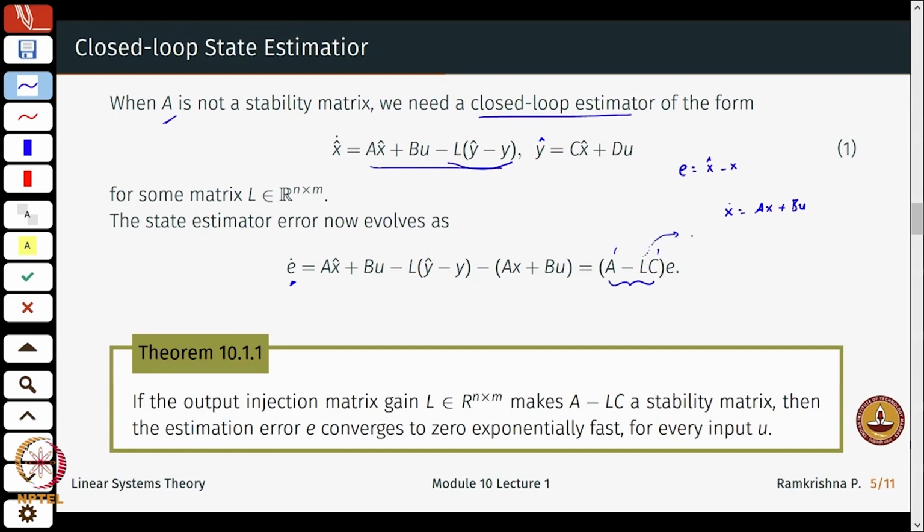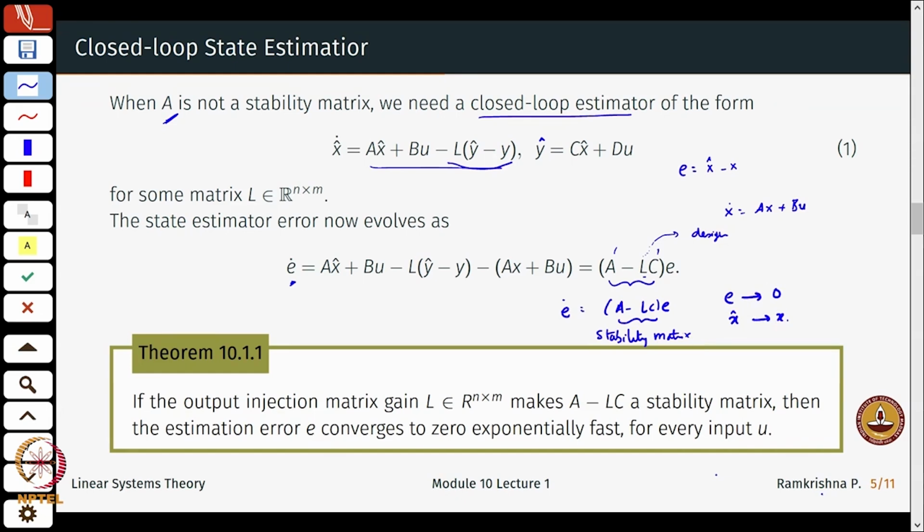This is a design parameter, or a design matrix. So, even if my A matrix is not stable, I can always choose a matrix L which makes A minus LC a stability matrix, right. If A minus LC is a stability matrix, then again e will converge to 0, and therefore, x hat will converge to x. Okay.